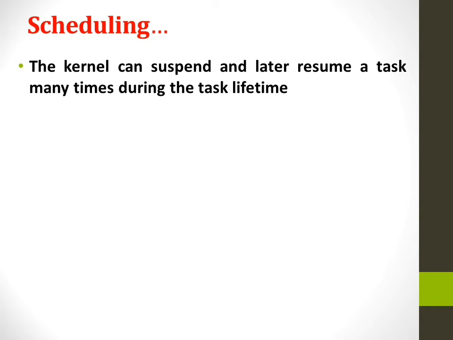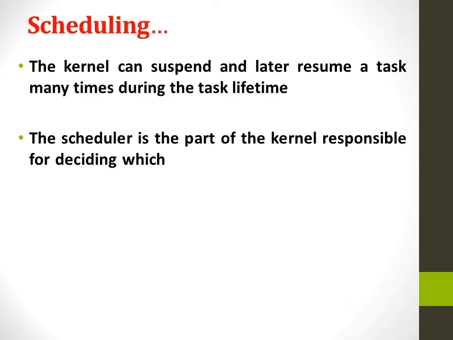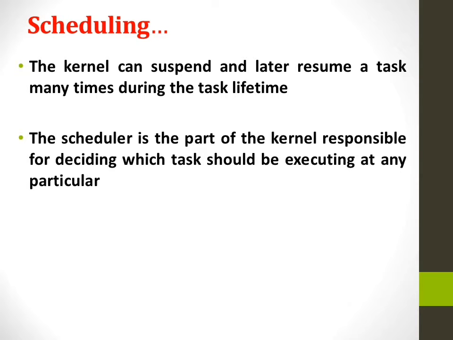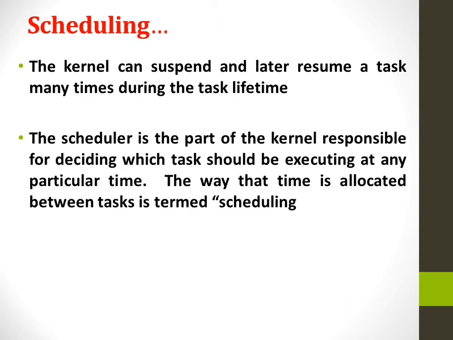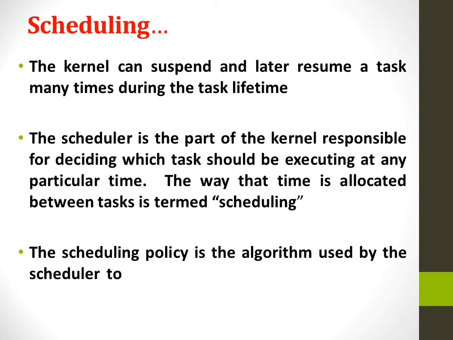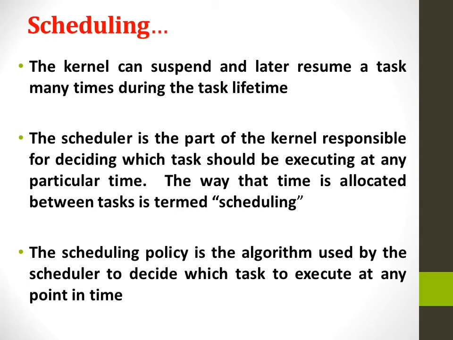The scheduler is the part of the kernel responsible for deciding which task should be executing at any particular time. The way that time is allocated between tasks is termed scheduling. The scheduling policy is the algorithm used by the scheduler to decide which task to execute at any point of time.